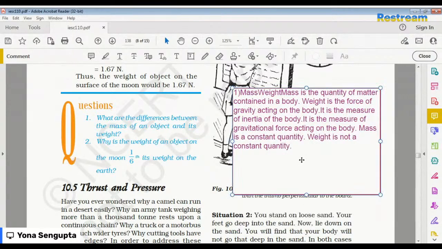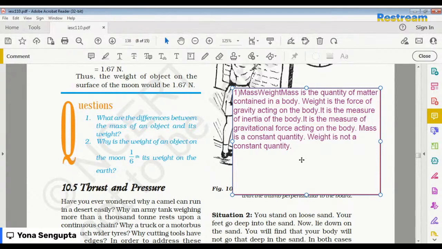First, mass is a quantity of matter, while weight is the force with which an object is attracted towards the center of the earth's gravity. Now mass is constant everywhere, but weight changes from place to place.